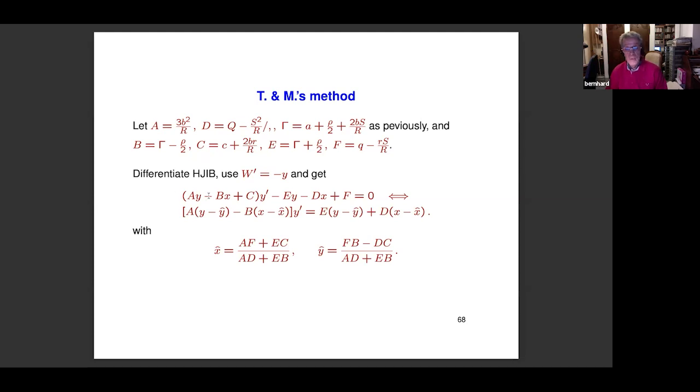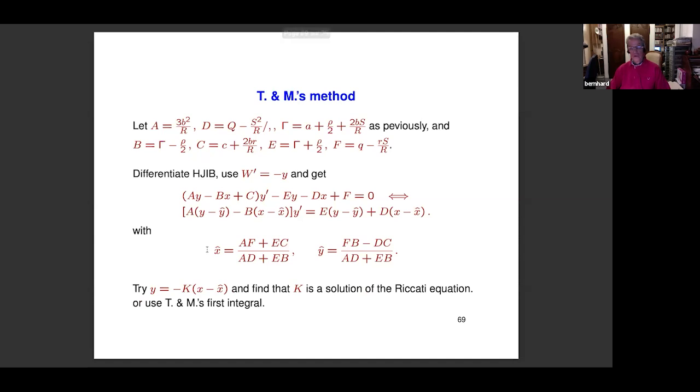This was the equation y prime equal f of y and x, excuse me. This was my equation capital F, which is the same as the second line, provided that you choose x hat this way and y hat this way. But miracle, this is the same as the x hat I already showed.